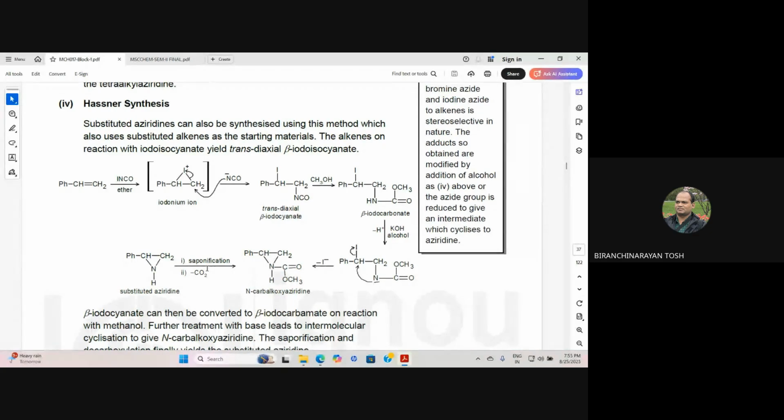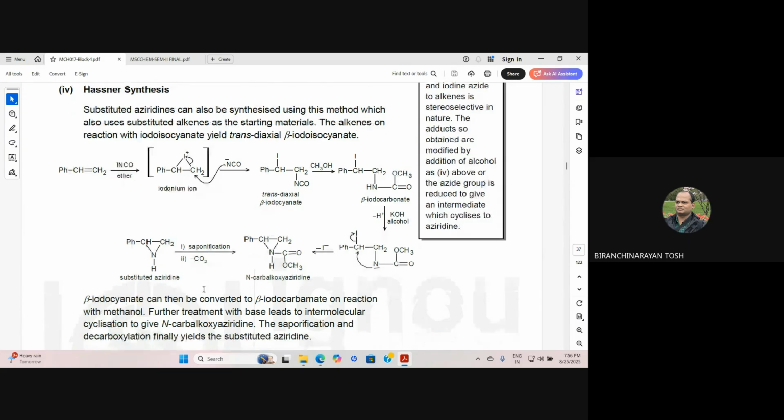Upon saponification, that is first base hydrolysis, then removal of the carboxylic acid, or decarboxylation, it gives the substituted aziridine.